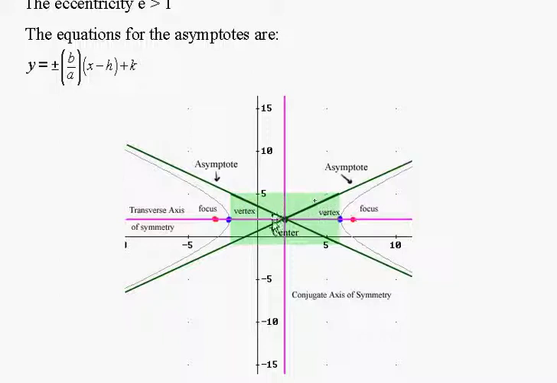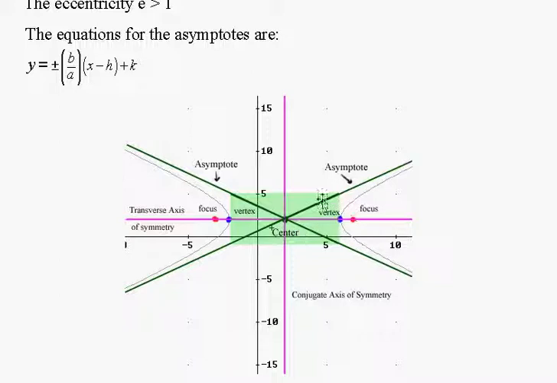If we take the diagonals of that rectangle and extend them out, those are called asymptotes. My hyperbola is going to go through the vertex, get closer and closer to the asymptote, never cross, never touch, never get parallel to. And so that helps define the shape of one branch and the other branch respectively.